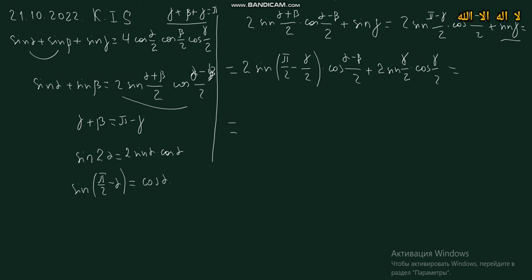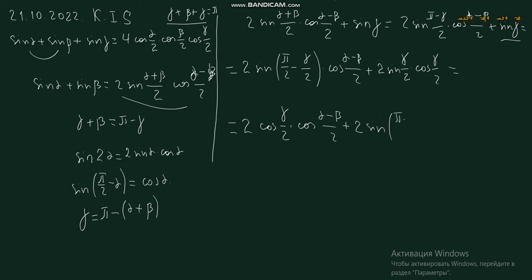So from here I may write 2 cosine of gamma over 2 times cosine of alpha minus beta over 2, plus 2 sine of gamma over 2 times cosine of gamma over 2, where gamma equals pi minus the sum of alpha and beta.